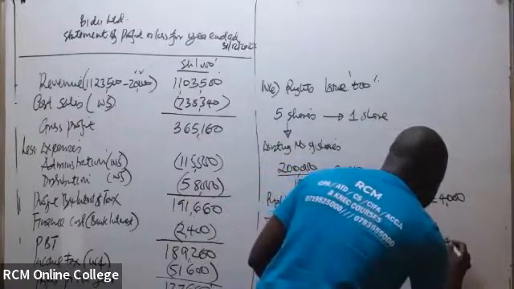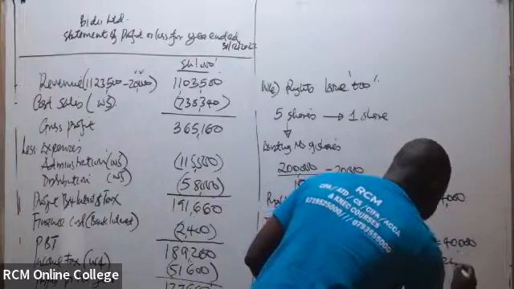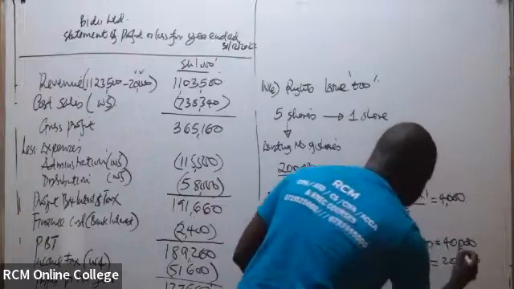The ordinary share capital will be 4 million multiplied by 10. Then to the share premium, you take 4 million multiplied by 15 minus 10. Therefore, the ordinary share capital will increase by 40 million, and the share premium account will increase by 20 million.